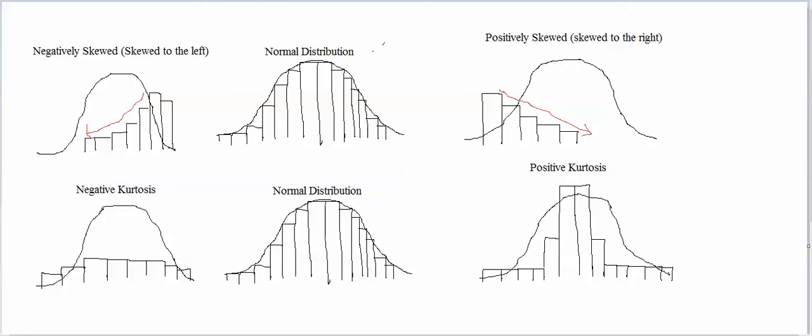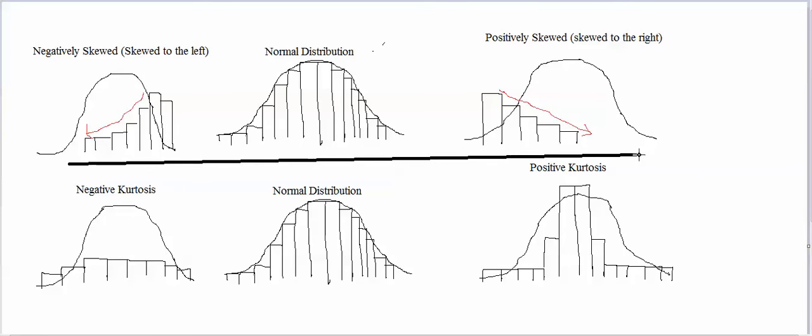And there's a value that can actually be calculated with a formula to measure the amount of skewness or the amount of kurtosis in a set of data. We won't go over the formula for skewness and kurtosis, but we'll talk about what the value shows. If the data is perfectly normal, then the skewness value will be 0. So let's say that this number line right here is the skewness value.